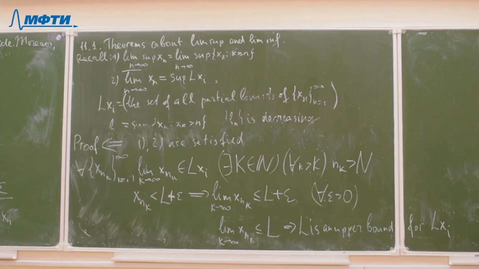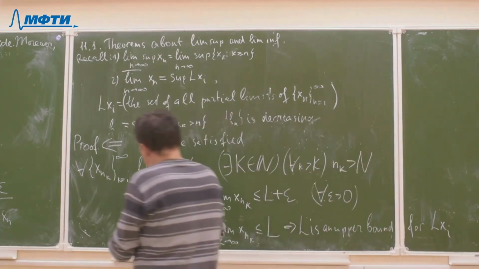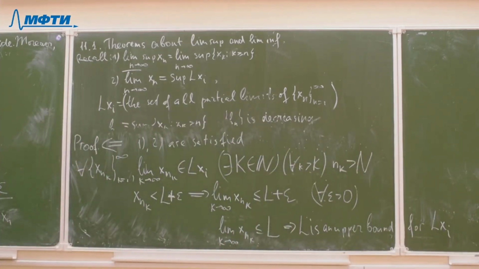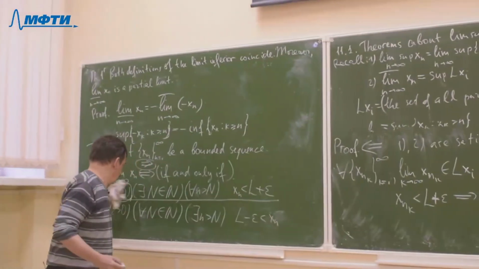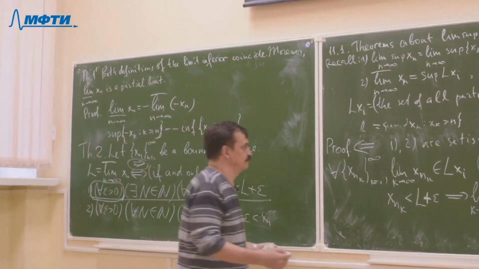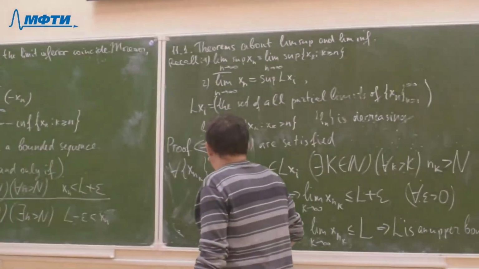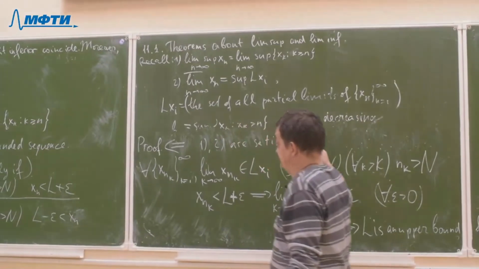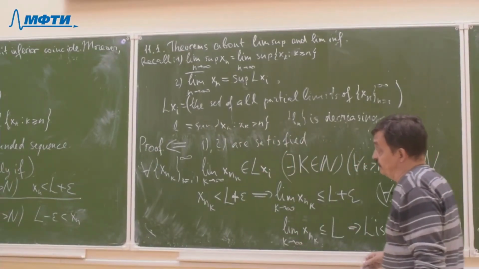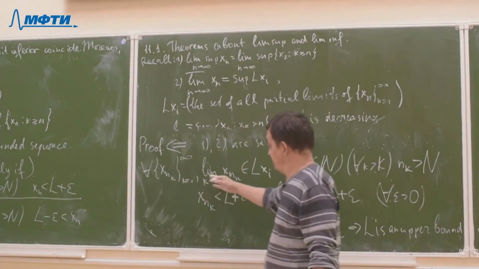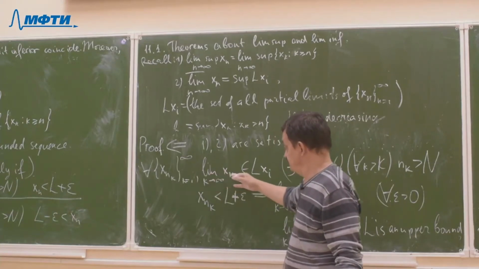So, once again, what we did. We take L, the number from those two assertions, we suppose they are satisfied. Then we consider an arbitrary convergent subsequence.